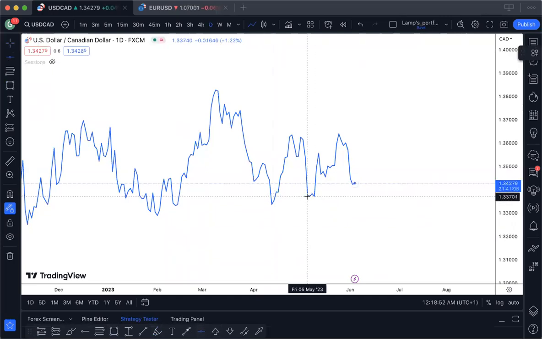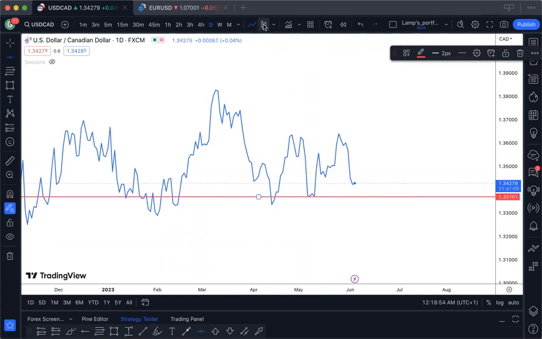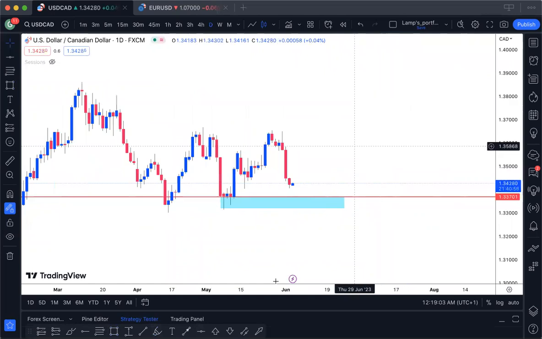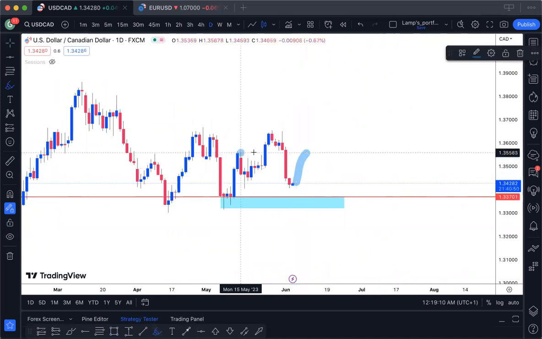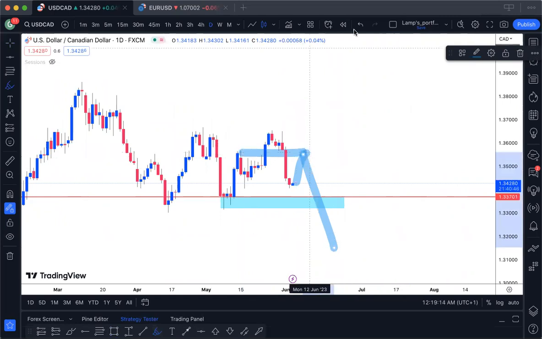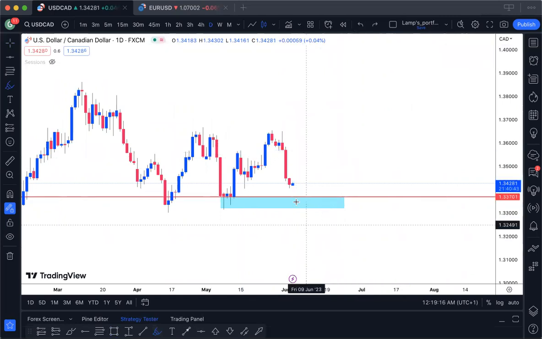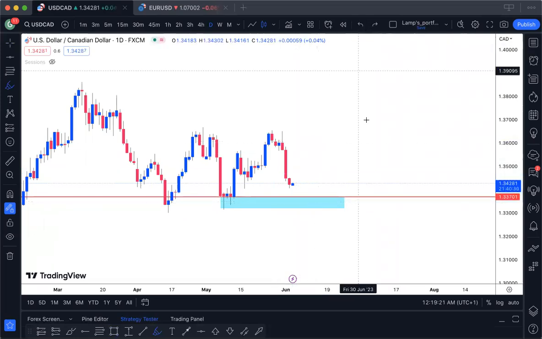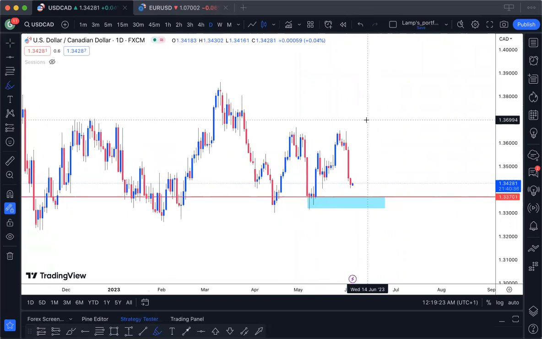You mark this major level, and we'll mark this zone. What can happen is the market can come here and form a QM to sell more, or better still, react inside this zone for buys. That's what I'm seeing here.